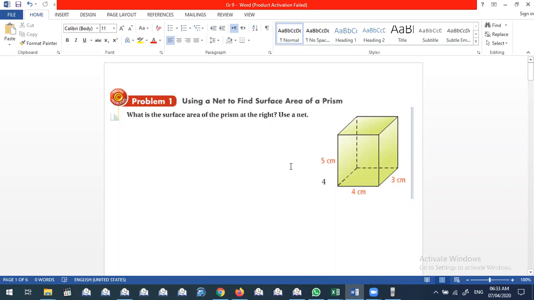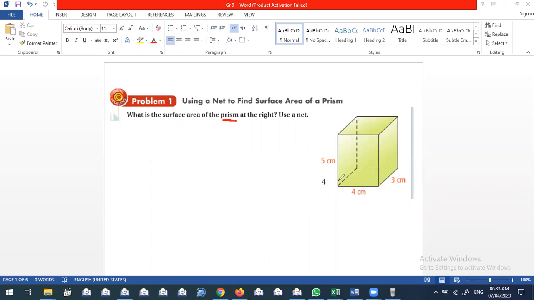Here, problem number 1. Using a net to find the surface area of a prism. What is the surface area of the prism at the right? First, we need to find the surface area. So I'm going to find the sum of areas of all faces.